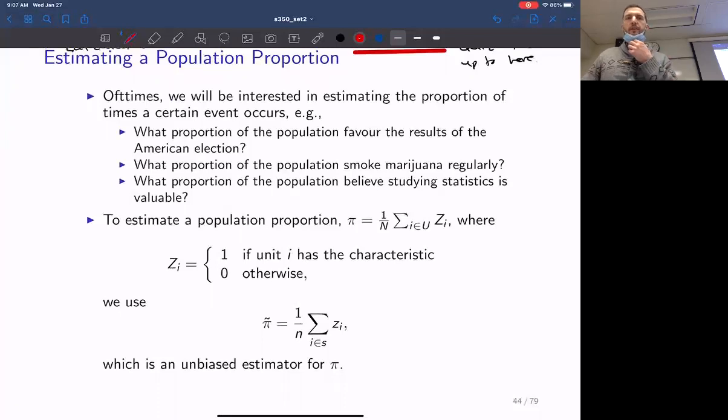The value that we're interested in is a binary variable that indicates whether or not the observation has whatever feature we are curious about. Proportion estimation is used quite often in practice. For example, on assignment 1, the very first question was kind of like a proportion question, except that you had multiple outcomes within the survey.